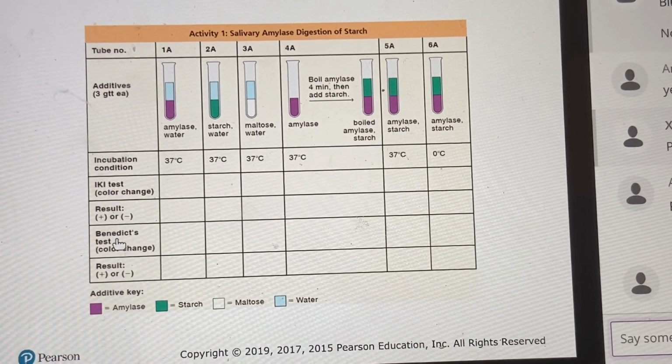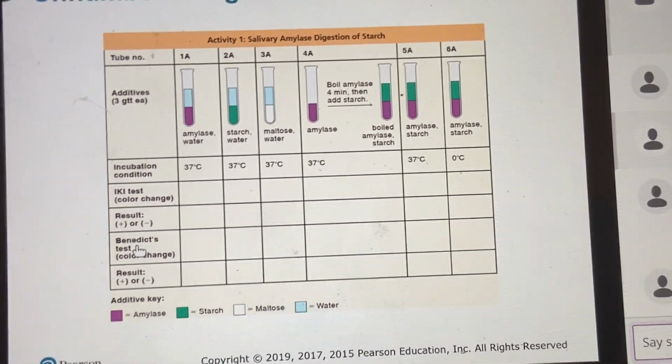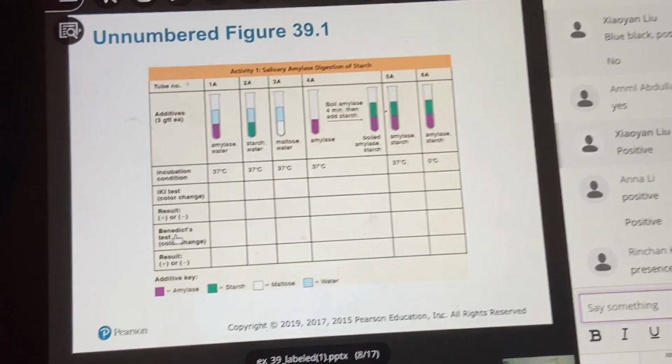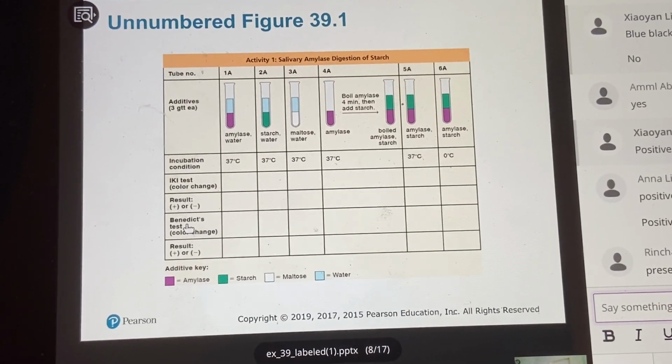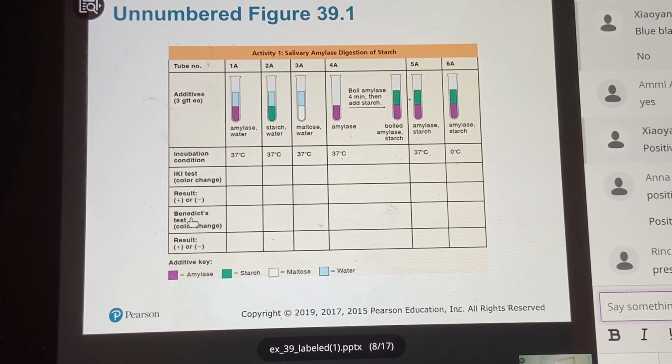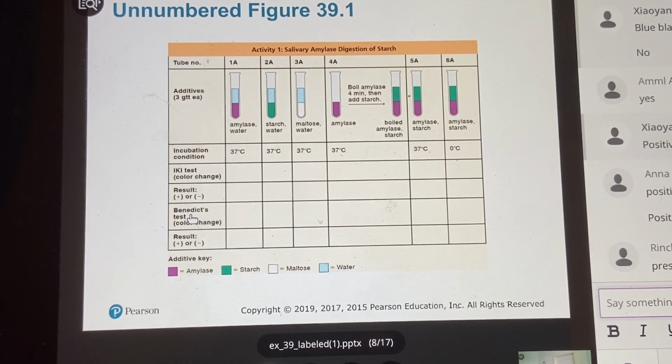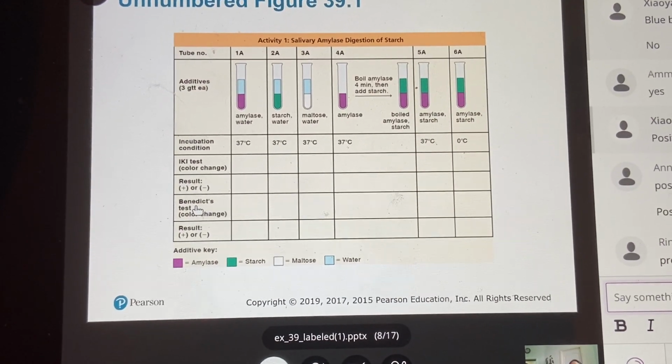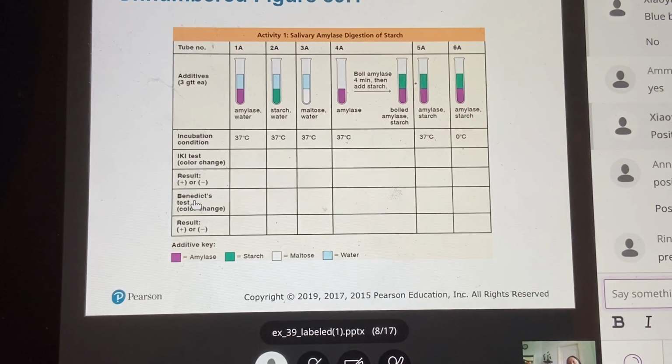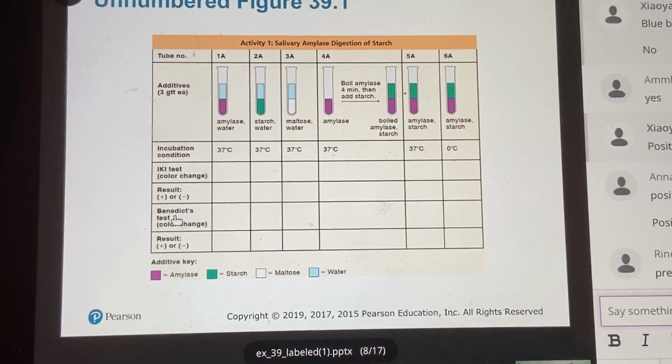It's not really a lot, but there could be different colors that signify a positive Benedict's test. So Benedict's test is a test for simple sugars. If these simple sugars are present, there will be a color change.